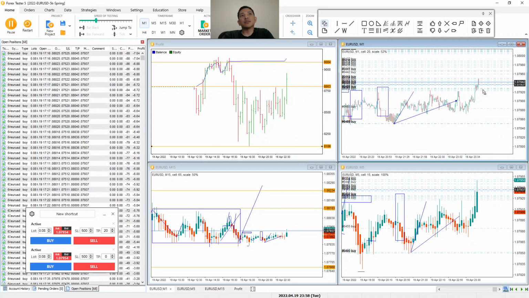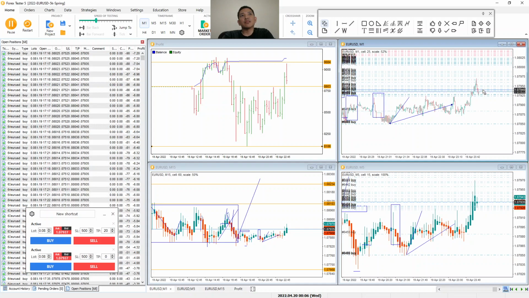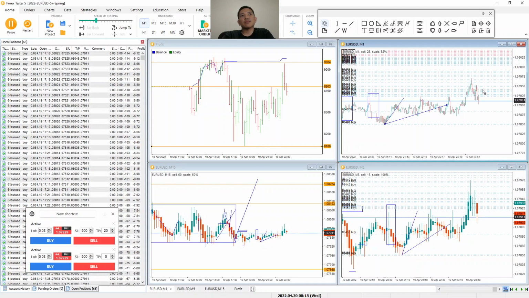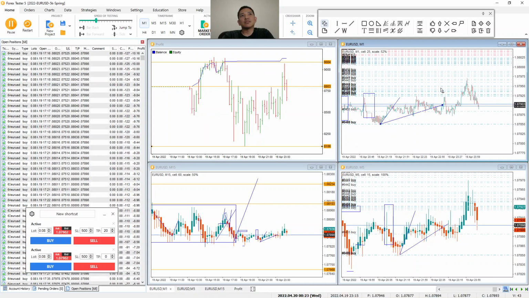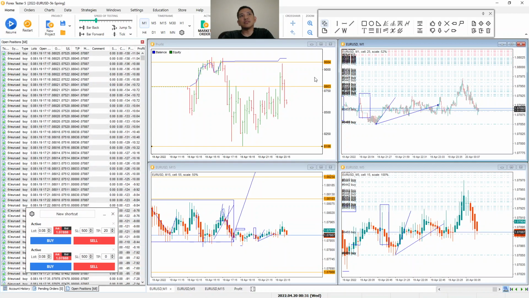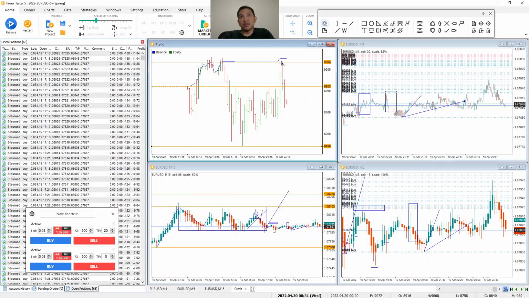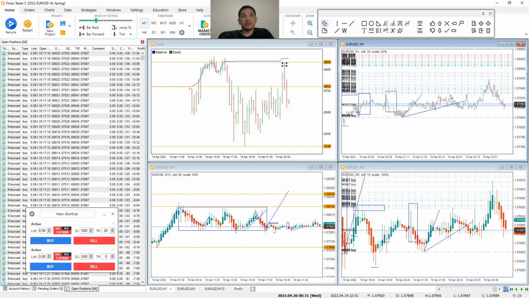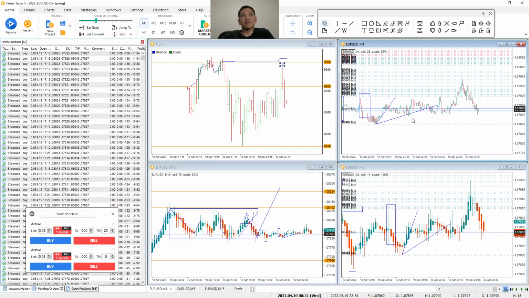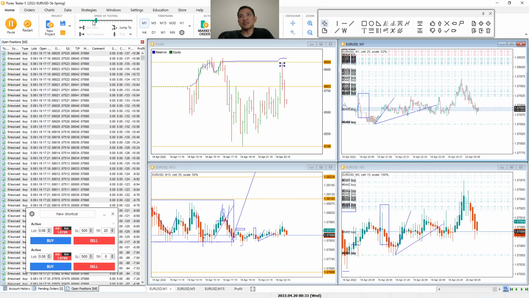There it is. We're back to count break even, and we could get out right here. You can see it basically touched where I was almost back to right here, but I didn't get out because I was playing it too fast.